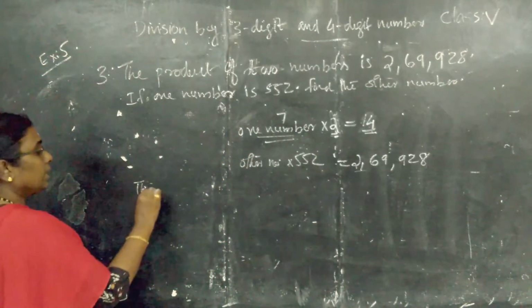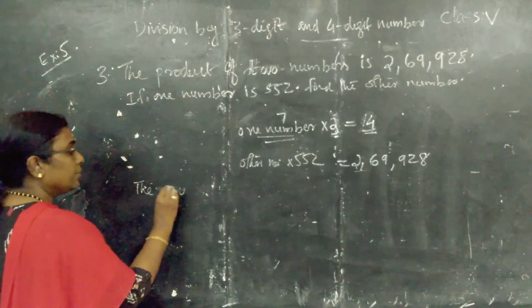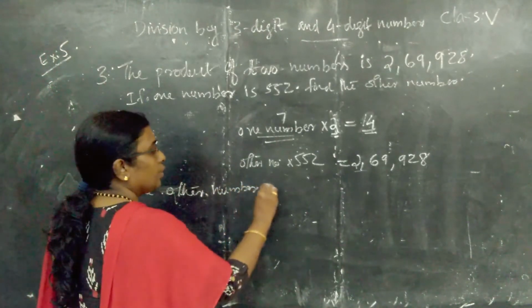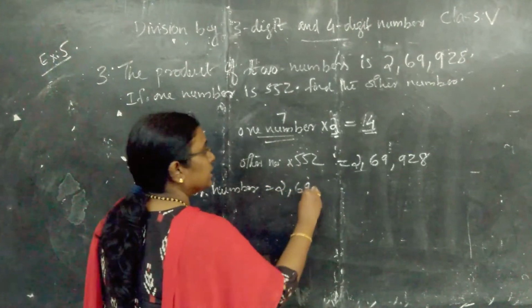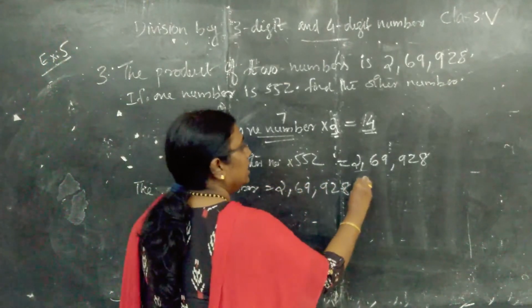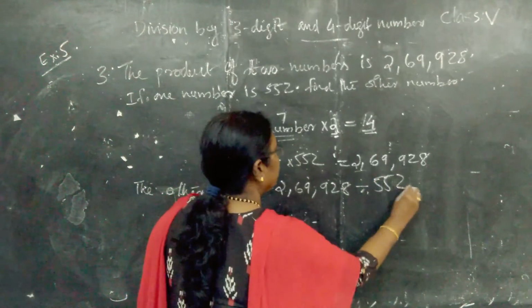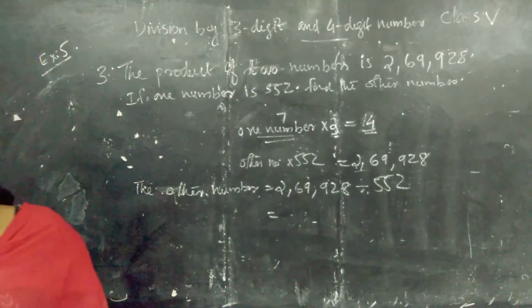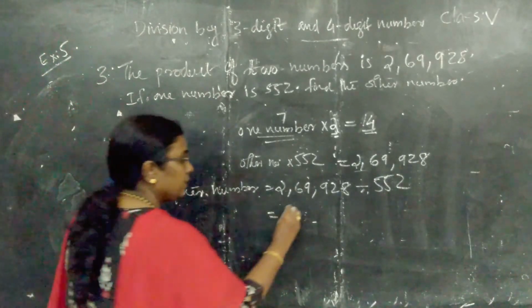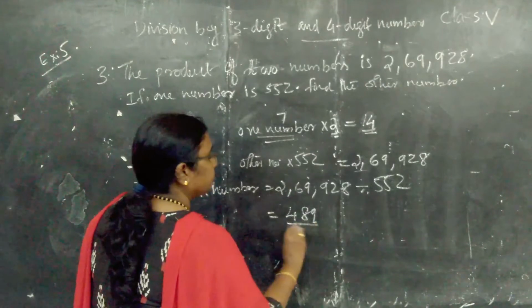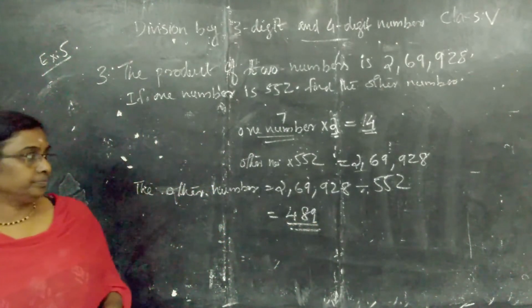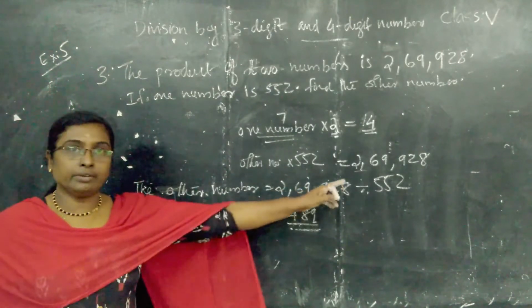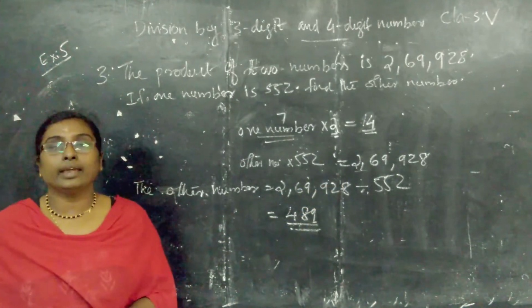So, the other number equal to 2,69,928 divided by 552. Okay. You know division. So, you divide this number by 552, the answer is 489.